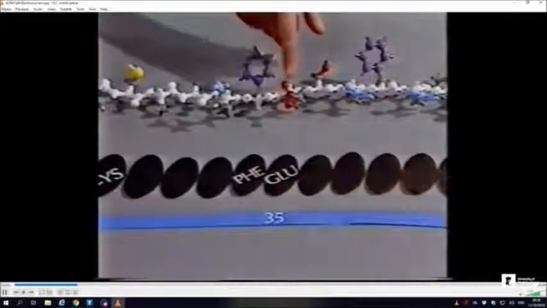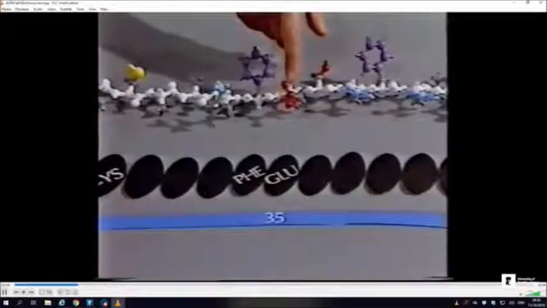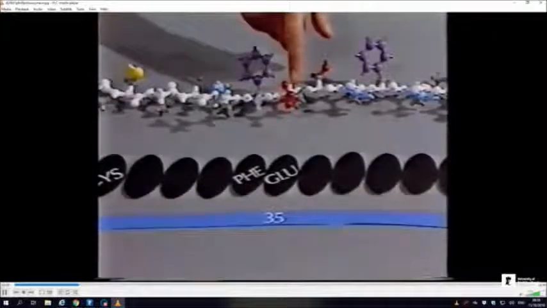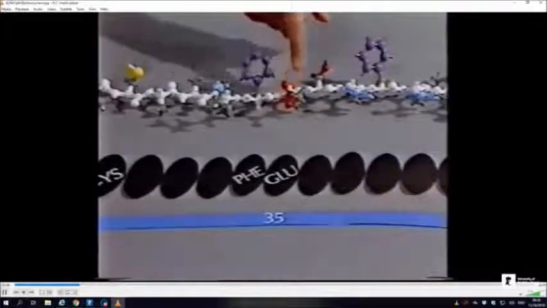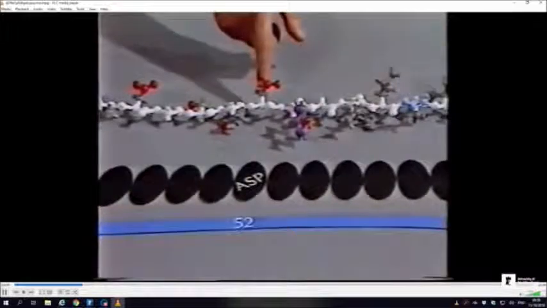Next to it is a glutamic acid residue, 35, which is involved in the activity of the enzyme, and a little further along again, an aspartic acid residue, 52, which is also involved in the activity. And so it goes on through a rather random-looking arrangement of the residues.